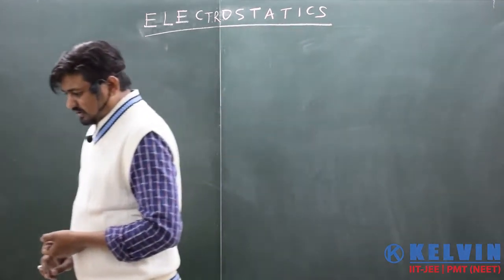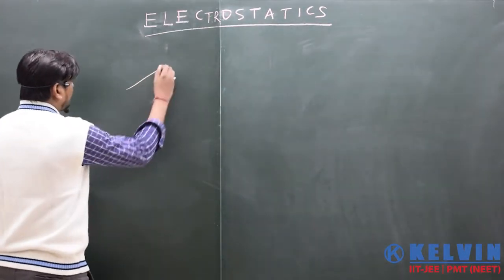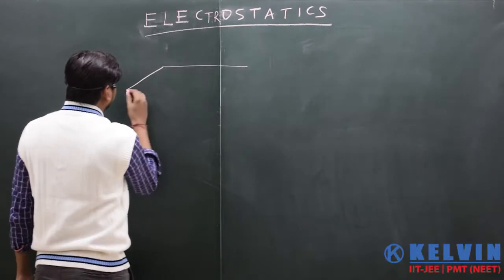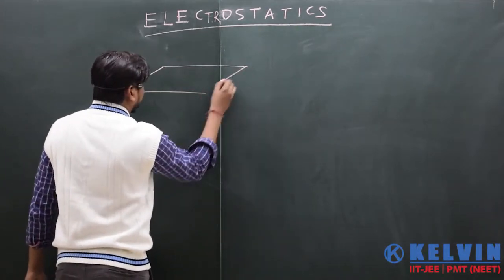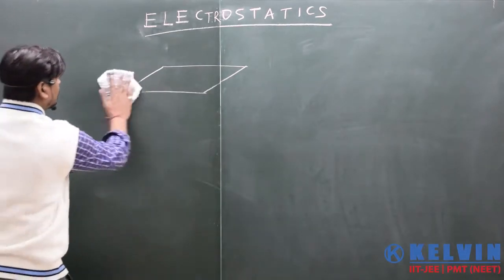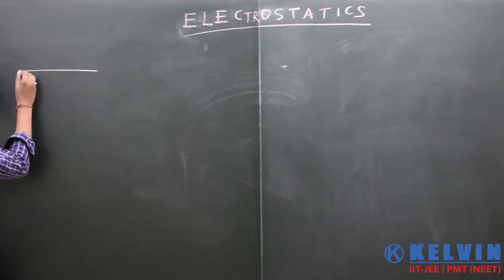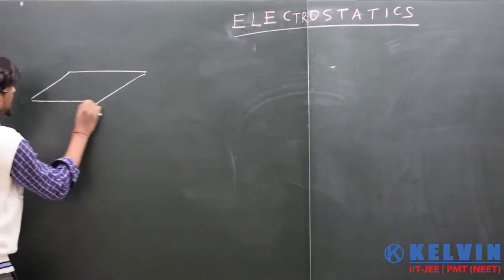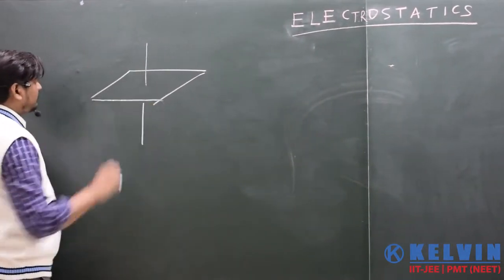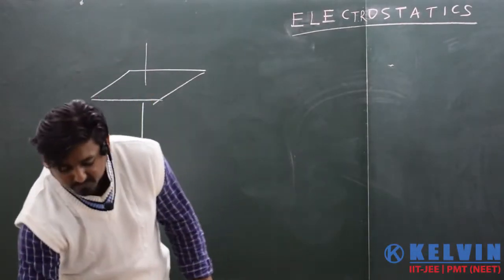So let us take an open surface, and it is just like this. So this is an open surface, and how will you understand that it is an open surface?